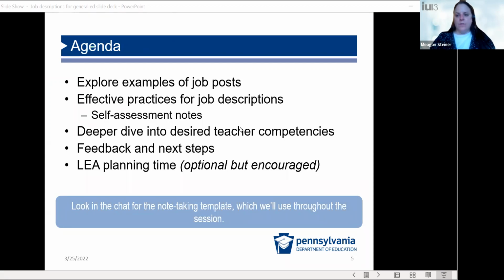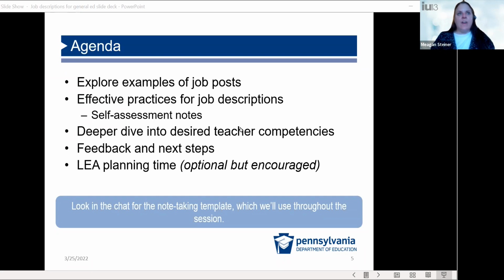And you'll use the note-taking template to assess your own as well. Take a deeper dive into desired teacher competencies and prioritizing those in a job description. Discuss how to get feedback on any changes or development of a job description and next steps. And that will be approximately the first 45 minutes of this session.